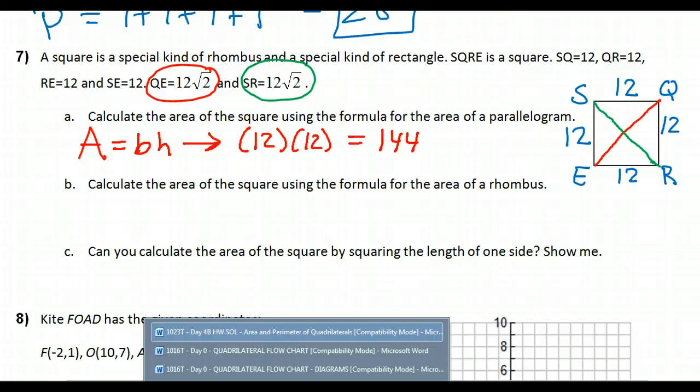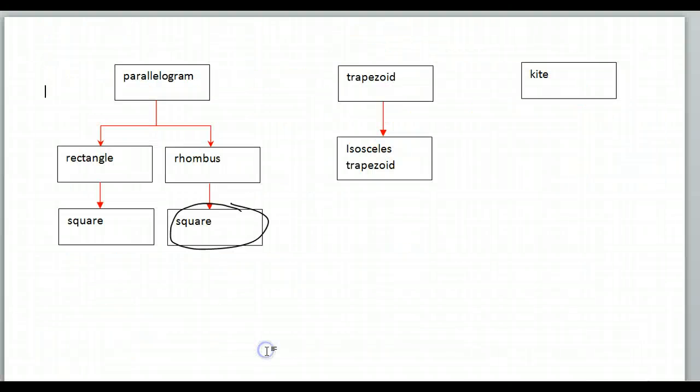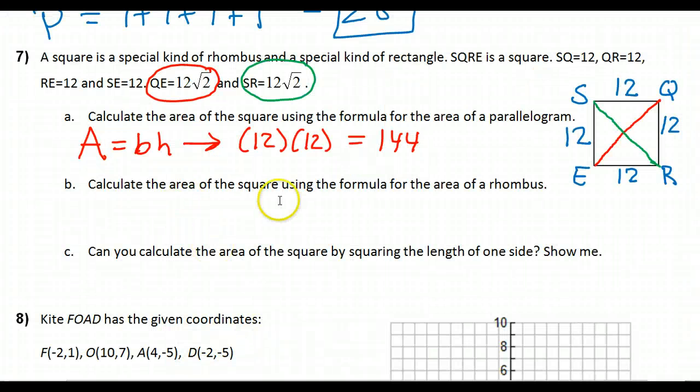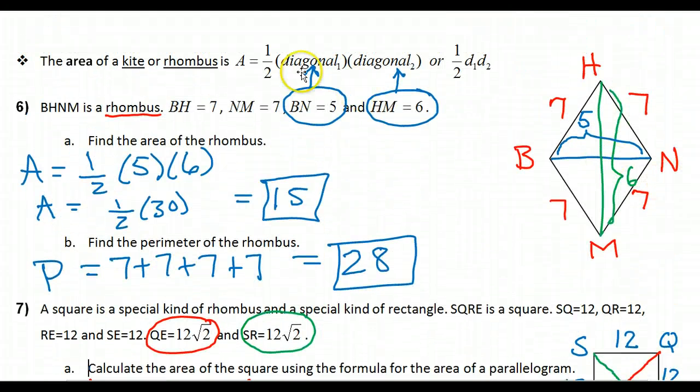On the other hand, calculate the area of the square using the formula for the area of a rhombus. Well, look, a square is a rhombus. It's a rhombus and a parallelogram. So a square is a rhombus, so I should be able to use the rhombus formula if I wanted to find the area. We just learned that the area of a rhombus is 1/2 diagonal times diagonal.